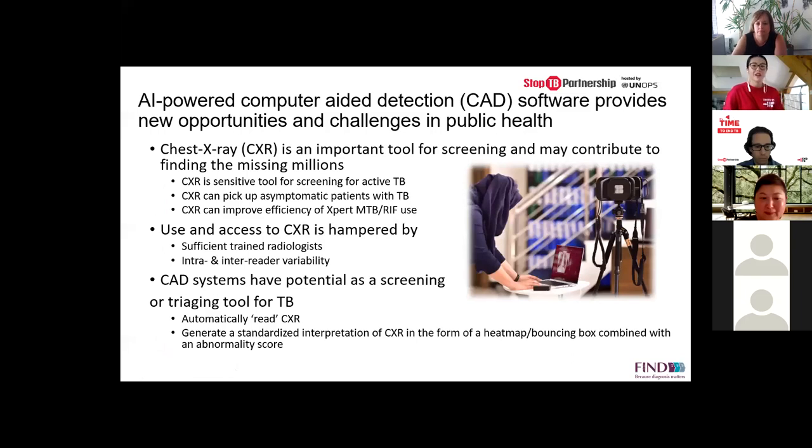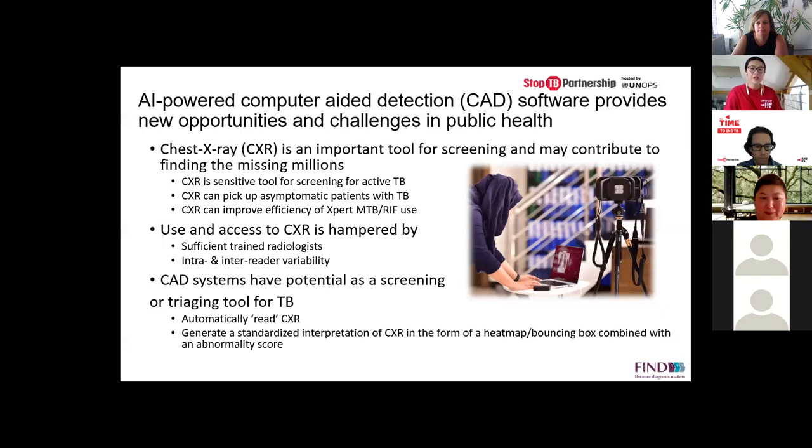So I think it's inevitable that artificial intelligence, which has changed all aspects of human social life, has now finally come to public health and healthcare in general. For TB, as many of you may already know, chest X-ray is a very important tool for screening and triage of TB, because X-ray is actually a very prevalent tool used in various disease areas, and is a relatively sensitive tool to screen for active TB.